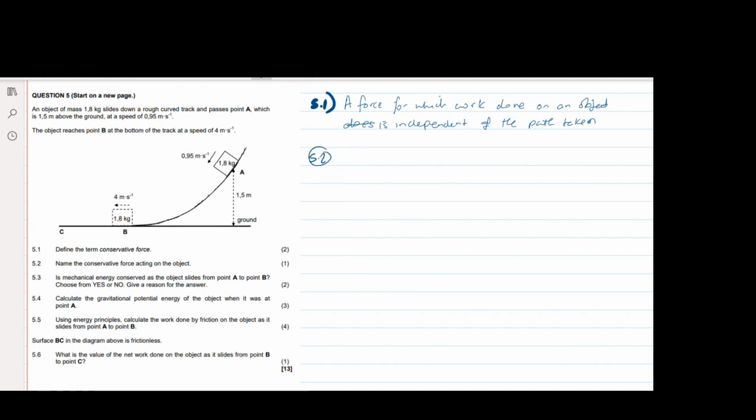Name the conservative force acting on the object.